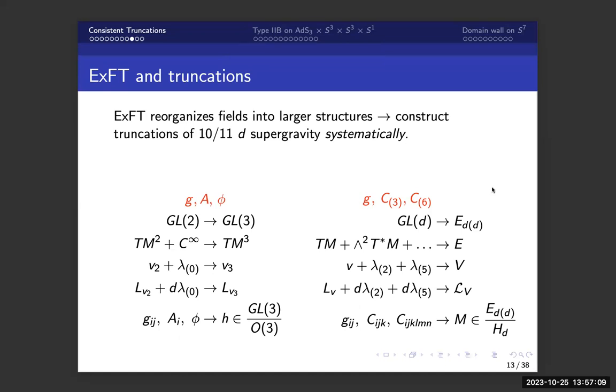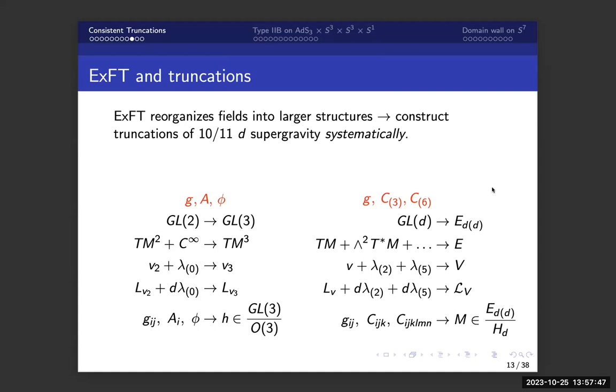For type 2 and 11D supergravity, a very similar thing will happen, but you will start from something which is naturally GLD. There are naturally GLD representations, and they will organize themselves into EDD representations, where EDD is this exceptional group. Then the gauge transformations will all be packaged together into objects which we typically call generalized vector fields, that are sections of a larger vector bundle, E, which is essentially a sum of tensor powers of the tangent bundle and cotangent bundle.